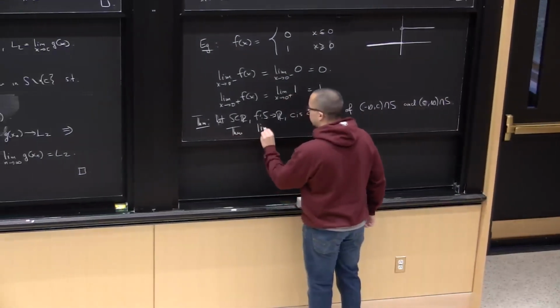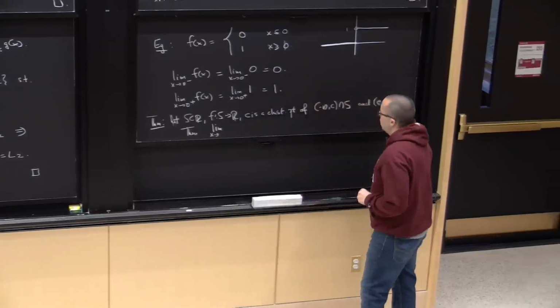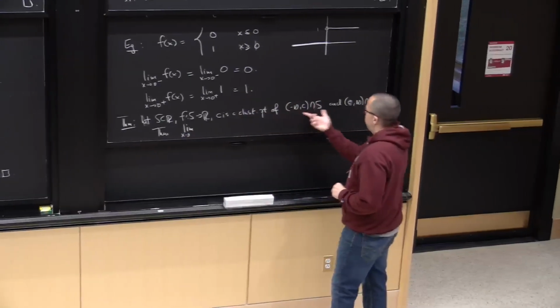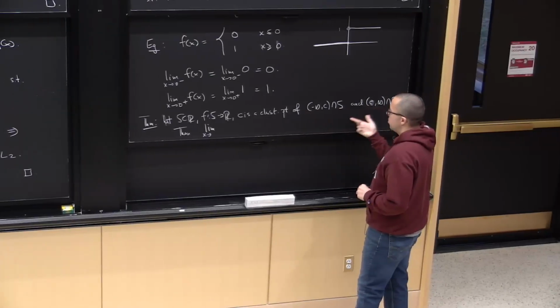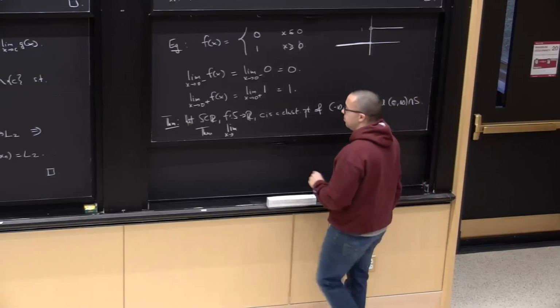So first off, if c is a cluster point of any one of these sets, it's going to be a cluster point of the set S. So we can actually look at the limit.